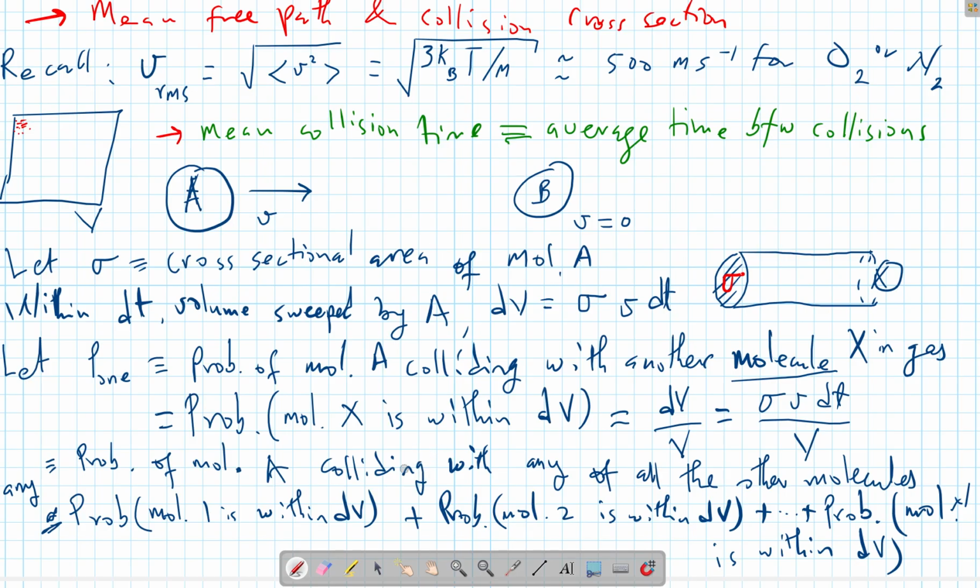Because if molecule A hits molecule number 1, then we know that it is not going to hit molecule number 2, number 3, all the other molecules, right? But because the number of molecules is really huge, and we're considering an ideal gas, and dV is really tiny, this approximation can be accepted, right?